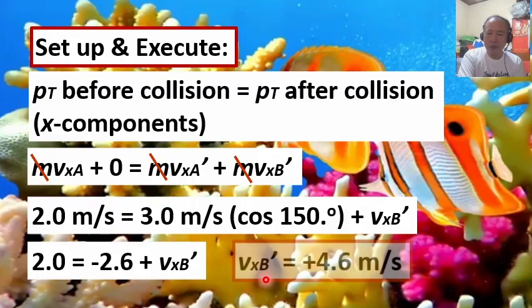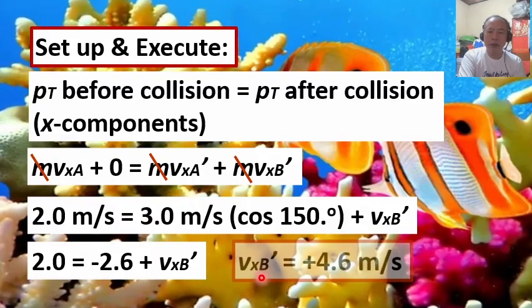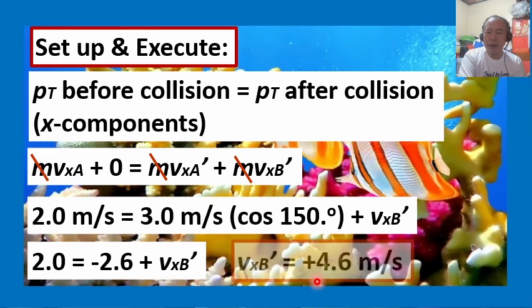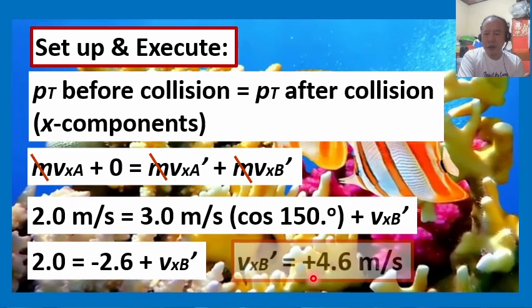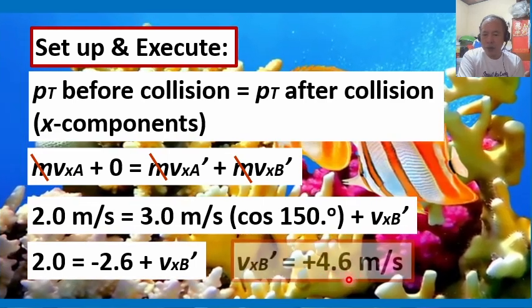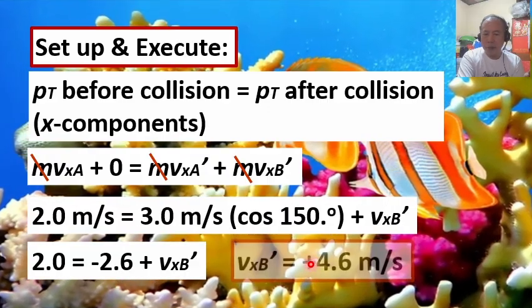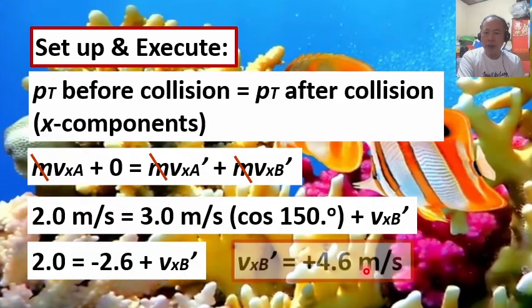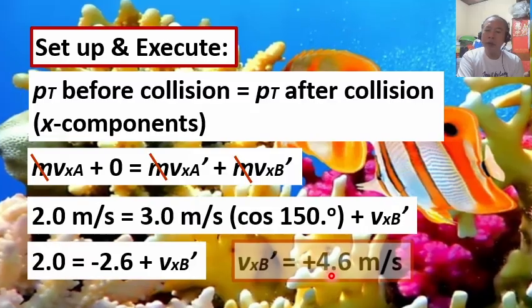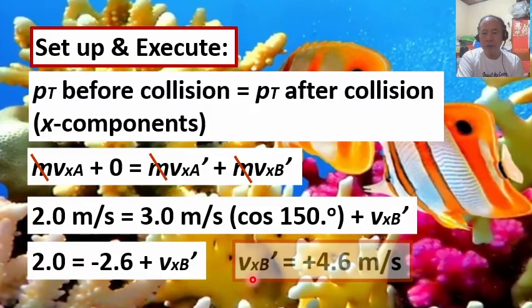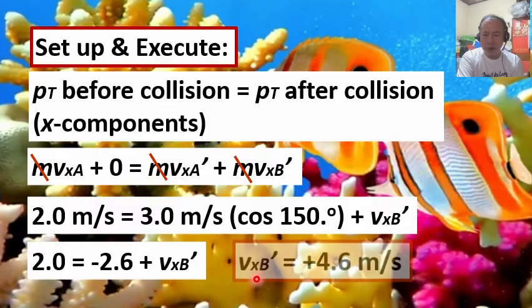The horizontal component of the final velocity of particle B is heading towards the positive x direction. So that is the meaning of the positive sign. We are emphasizing both the magnitude and the direction of b sub x b prime.